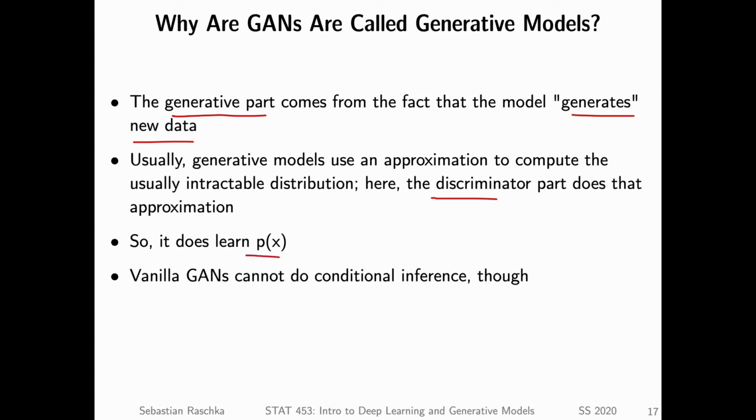So it does learn P(x), the distribution of the training data. However, vanilla GANs cannot do conditional inference. For example, you cannot sample the value of pixel 1 given, let's say, the value of pixel 2 and so forth. So in that way, it's kind of limited.